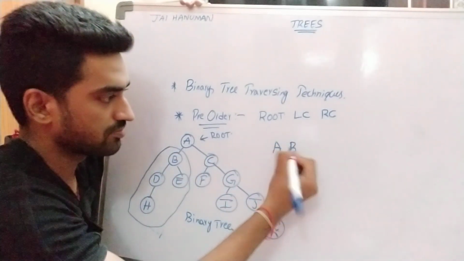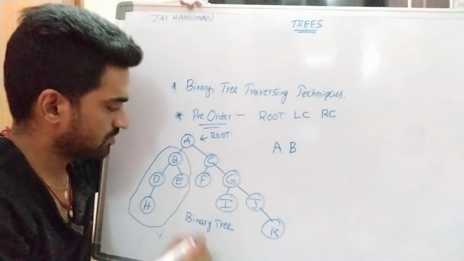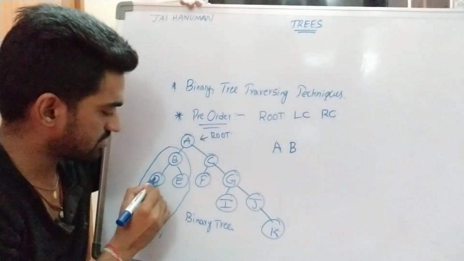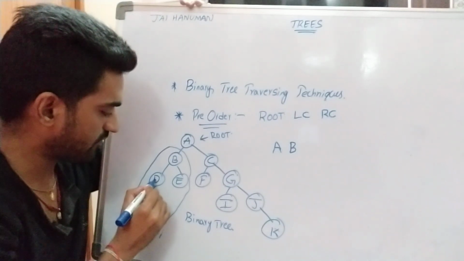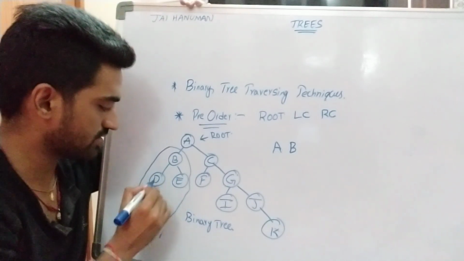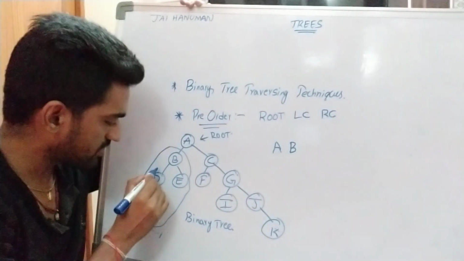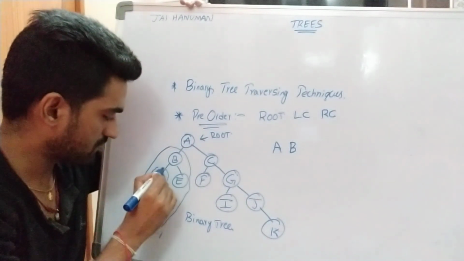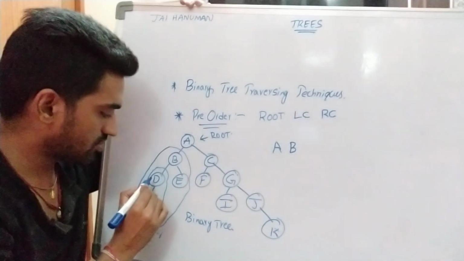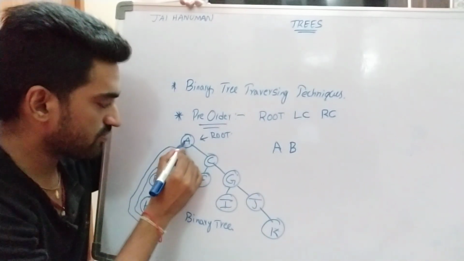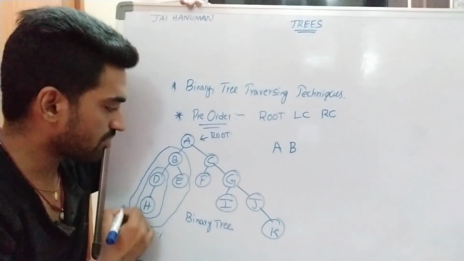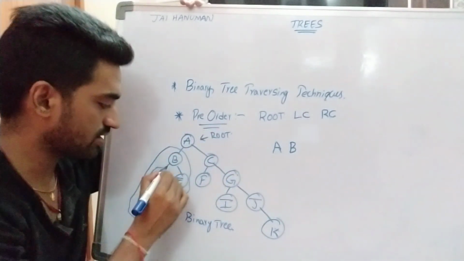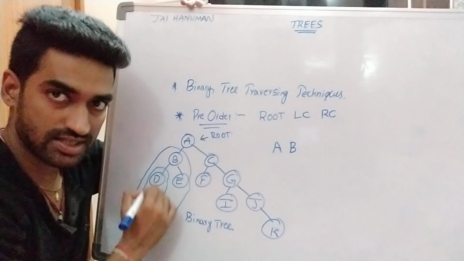B. Again, B contains a left child and a right child. For this left child, one more subtree is there. So first of all we visit the root node, then we apply the pre-order procedure for the left subtree. There are two left subtrees here.